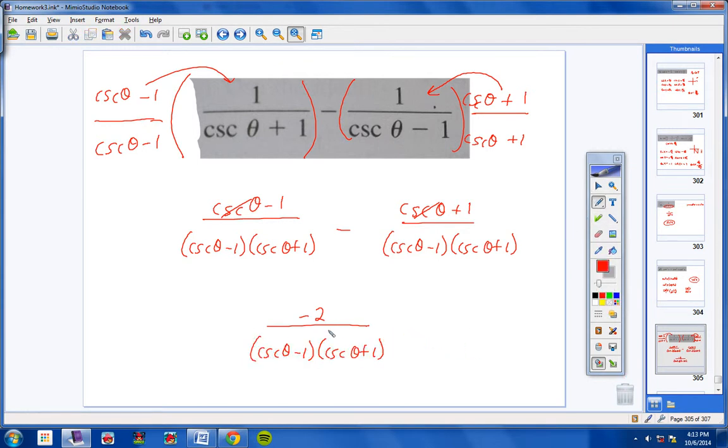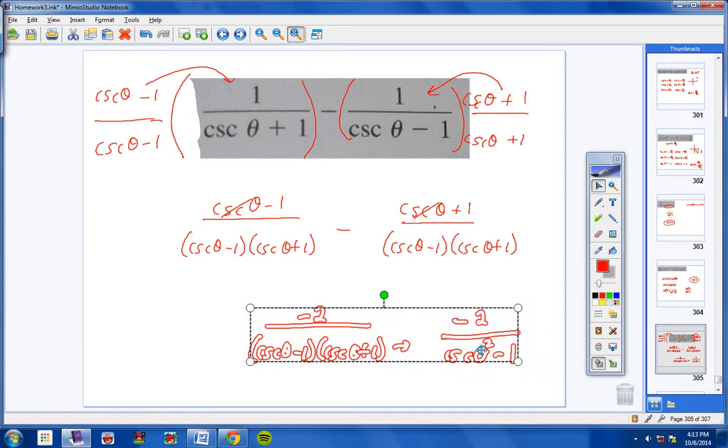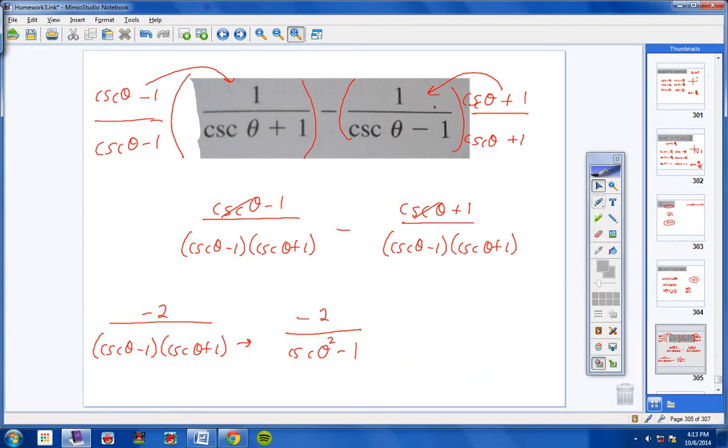Now, we're almost done, but think about this. If I multiply these two together, I then will get negative 2 over cosecant theta squared minus 1. Now, cosecant squared minus 1, I'm looking at my Pythagorean identities here. If you'll look, cosecant squared minus 1 is cotangent squared. So now what I really have is negative 2 over cotangent squared.